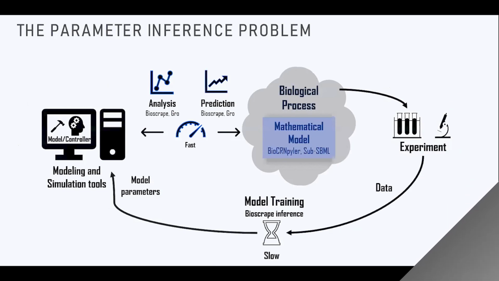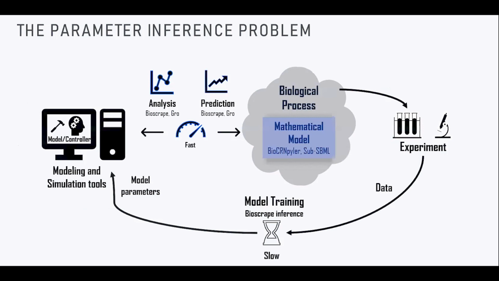We can again look at the parameter inference problem that we were looking at earlier. And now we can say that the parameter inference problem is actually finding out the probability distributions for the model parameters given the data.